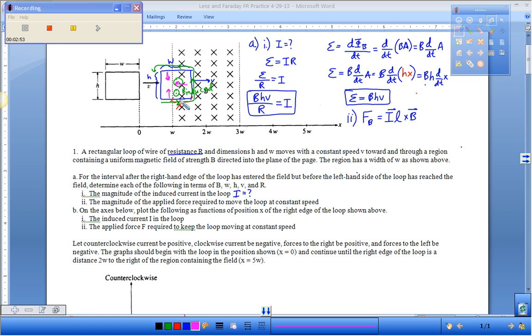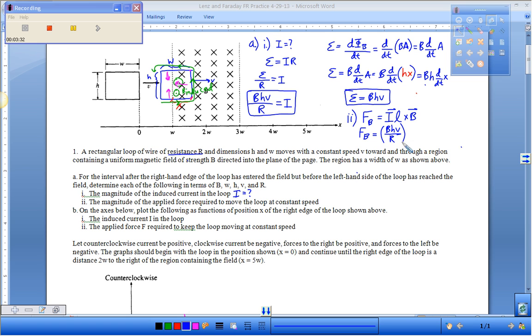So I only care about the distance from here to here when I'm looking at the length, because that's the only length that has an unbalanced force applied to it. So the magnitude of my magnetic force is going to be the current in that wire, which I just figured out. It is B times H times V over R. And looking at my list of things I'm allowed to use, I'm allowed to solve in terms of B, W, H, V, and R. So far that term is good.